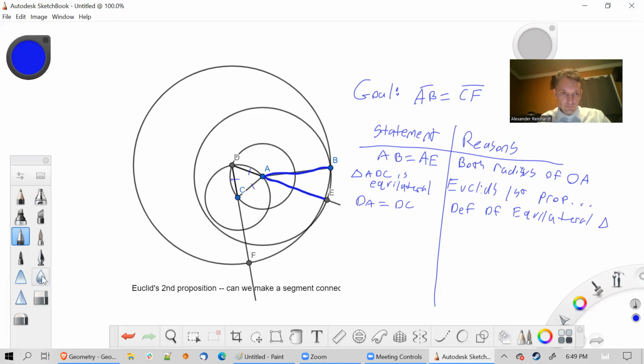So now those are all the same. All right, now I'm going to argue that DE is the same length as DF. Okay, why would that be true? DE is the same as DF. Well, DE and DF, those are both radii of circle D.